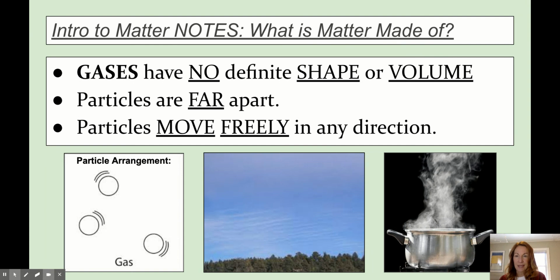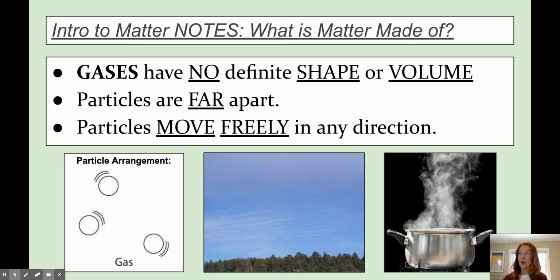All right, to gases, they have no shape and no volume, right? So if you blow up a balloon and then you pop it, all the gas that's in the balloon is just going to spread out and take the shape of the next container, like the room. So gases do not have a specific shape, nor do they have a specific volume.